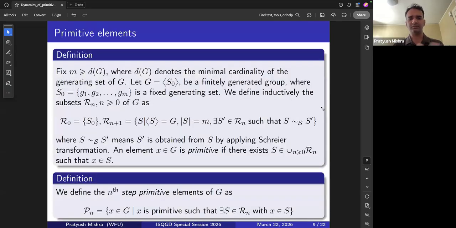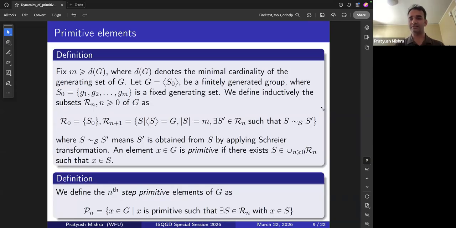And that motivates further this definition of primitive elements. Rather than going through this long definition, it's better to understand it by an example. An element X is primitive if I can find a generating set S in my group such that I can replace an element of the generating set by X and it is still a generating set.